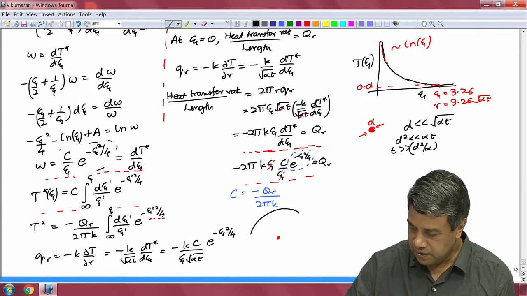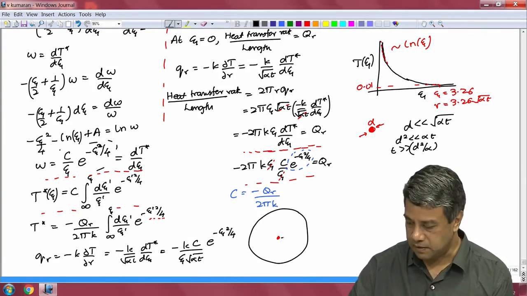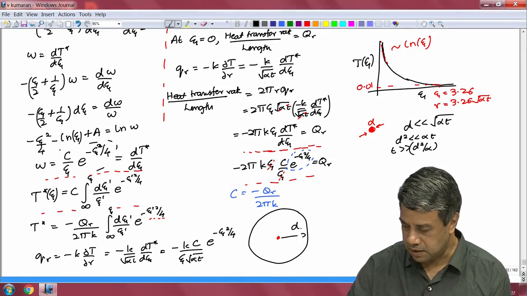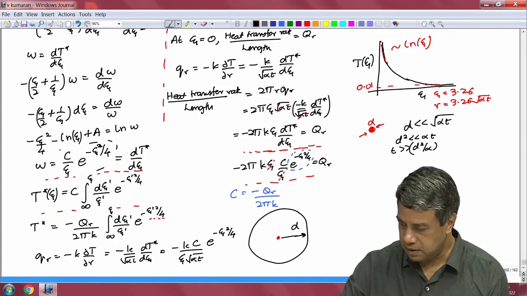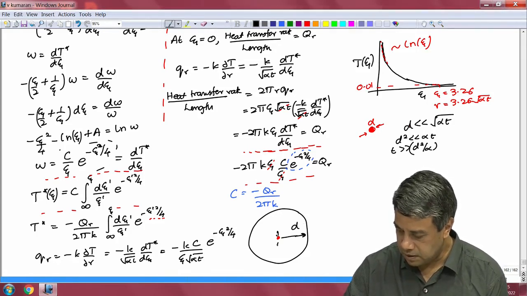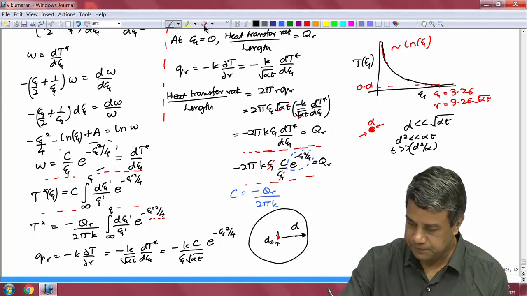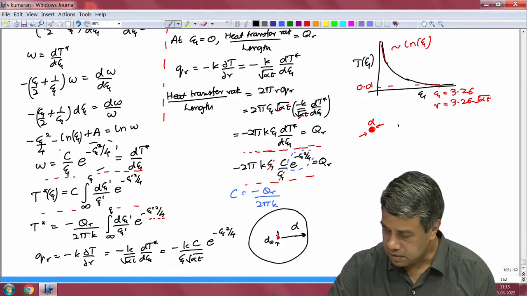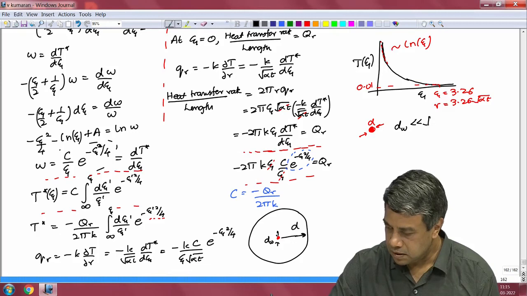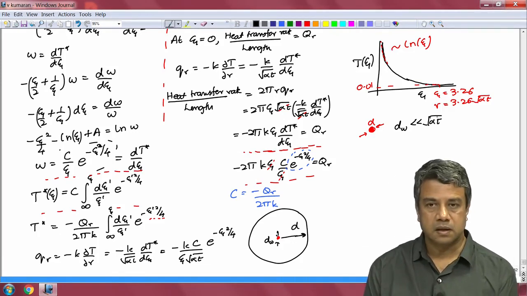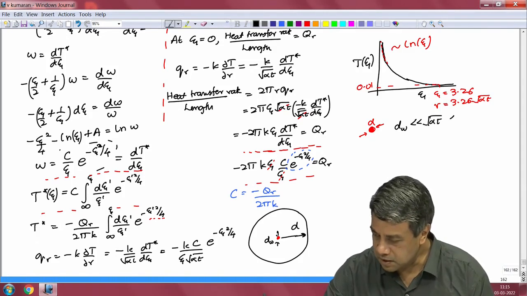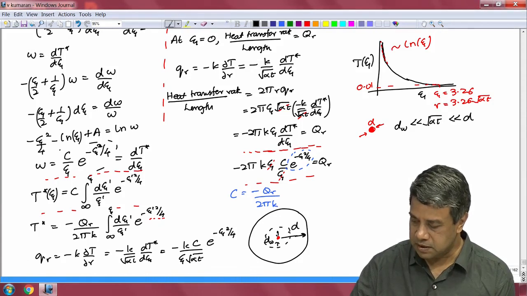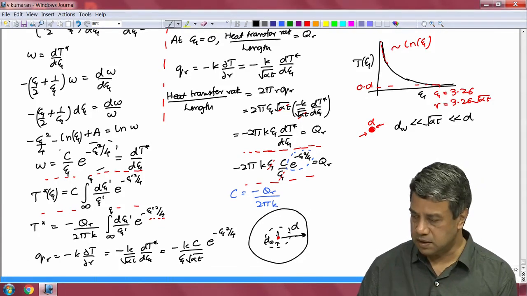If you had a finite medium of some diameter d, and the diameter of the wire was equal to dw, say, then this is valid so long as the penetration depth is much larger than the thickness of the wire, but much smaller than the outer diameter d.